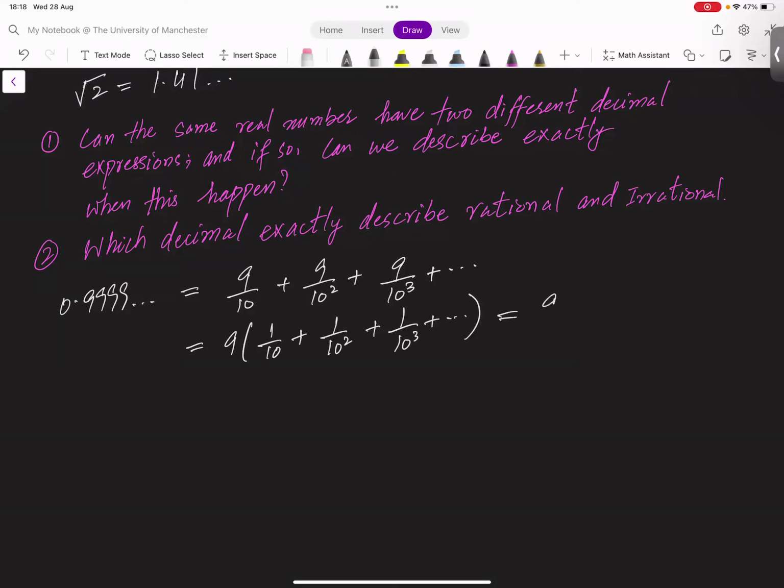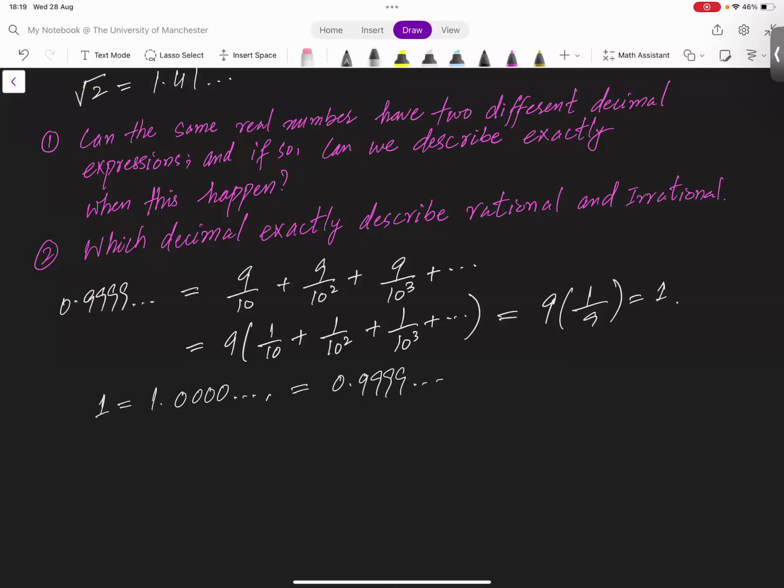This is a geometric series, which sums to 1. Interesting. So this expression, if it goes to infinity, equals 1. Thus, the real number 1 has two different decimal expressions: 1 can be written as 1.0000, and this can also be written as 0.9999, and so on.